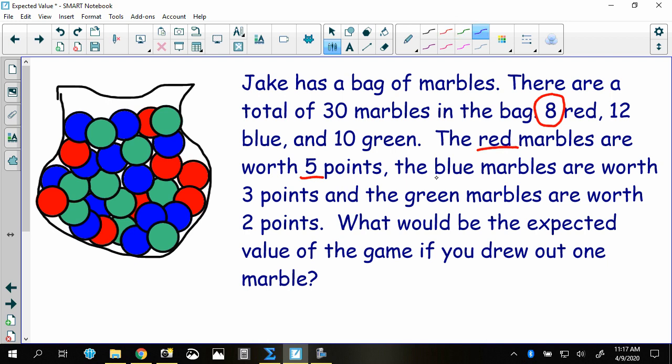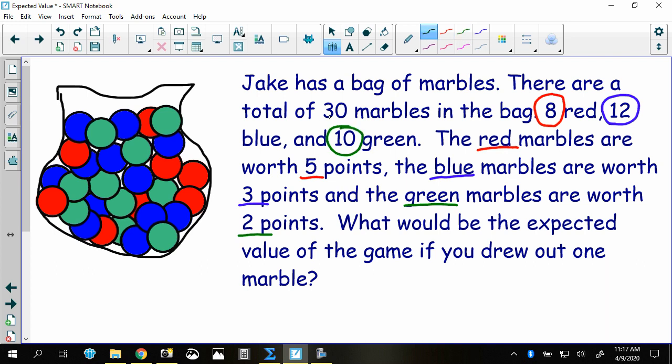The blue marbles are worth 3 points, and there are 12 blue marbles in the bag. And then you have green marbles that are worth only 2 points apiece, and there are 10 of them in the bag.